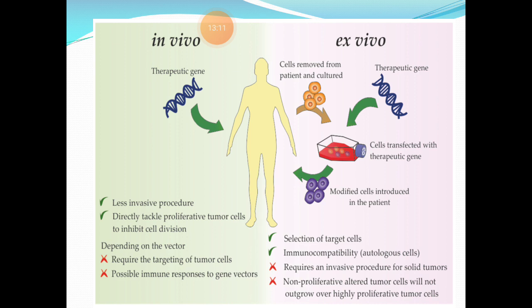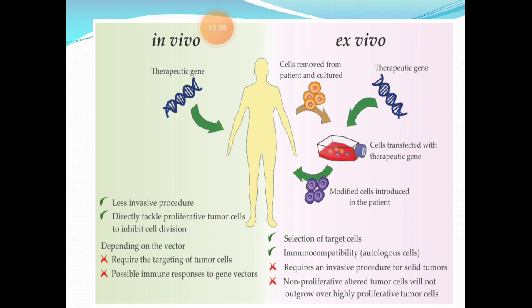Coming to the ex vivo gene therapy, where the cells are removed from the patient, they are cultured, and then into them therapeutic genes are put, that is, cells are infected with good genes or therapeutic genes, and these transformed cells, cells with therapeutic genes, are put back into the patient's body.